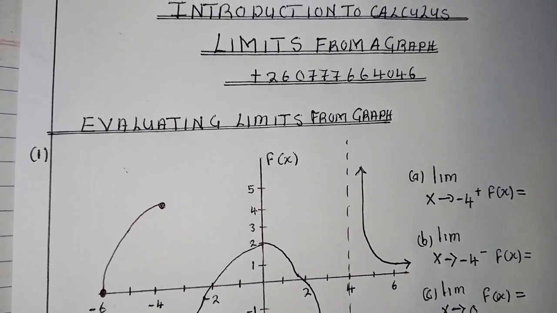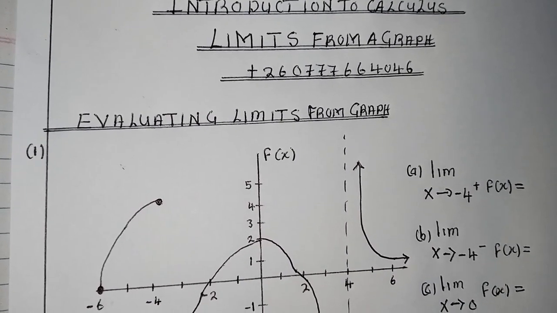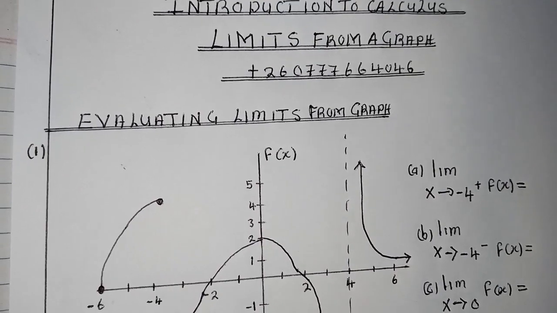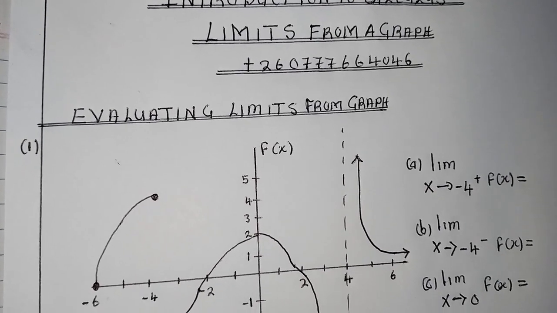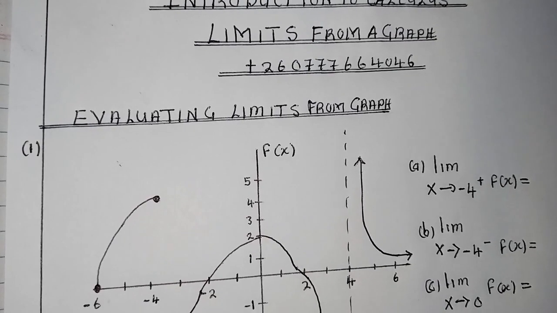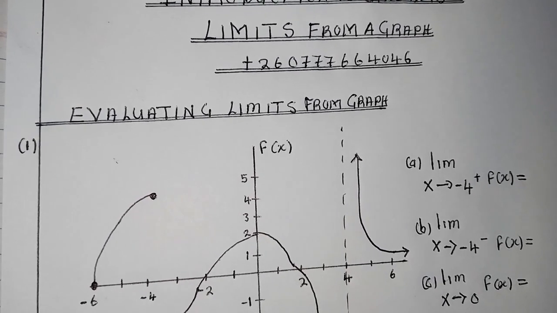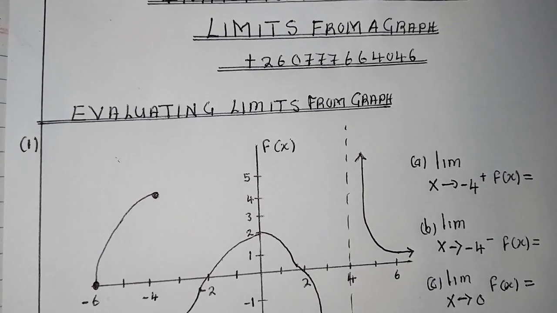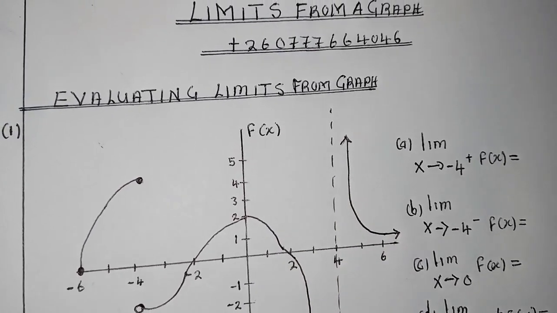So a limit is simply some value such that as x is approaching that value, then automatically the function f of x must approach a certain constant value which we are calling L. I'll be able to illustrate that in my next video so that you see what I'm trying to say. For now, I'll just give you an overview.